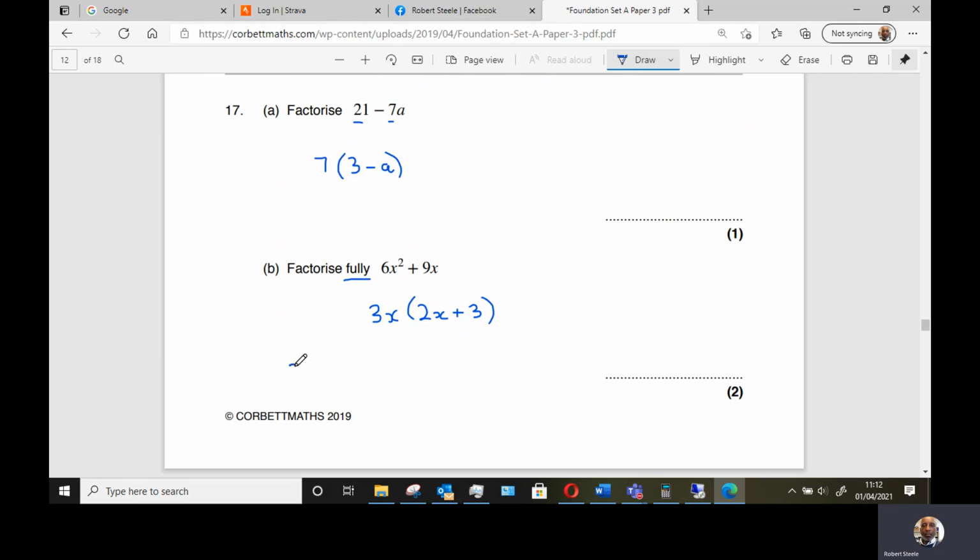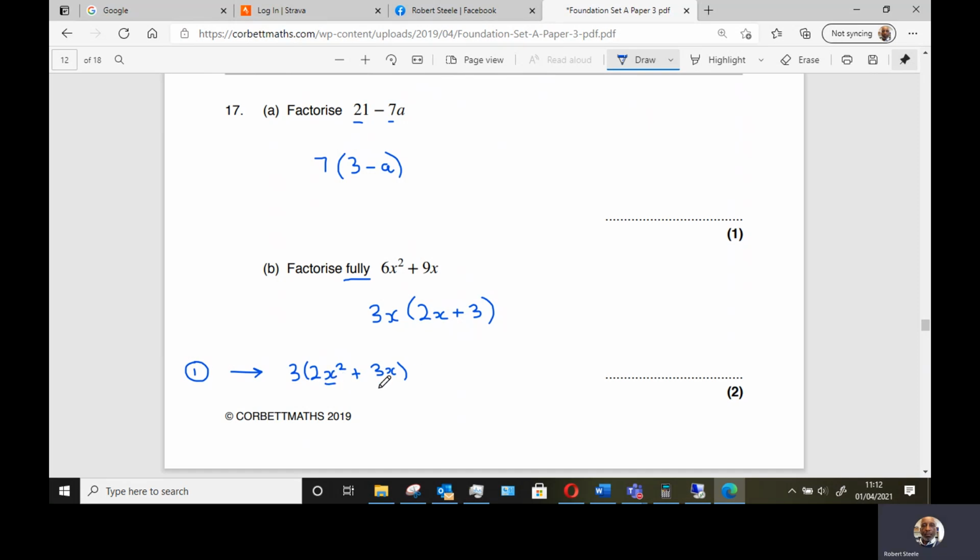I have often seen, and I'll show you here, I've often seen this, and students wondering what they've done wrong, because when you multiply this out, you do get back to what you started with, yeah? This answer will get you 1 mark, because it's only a partial factorization.